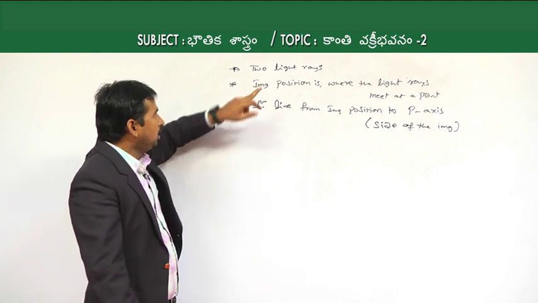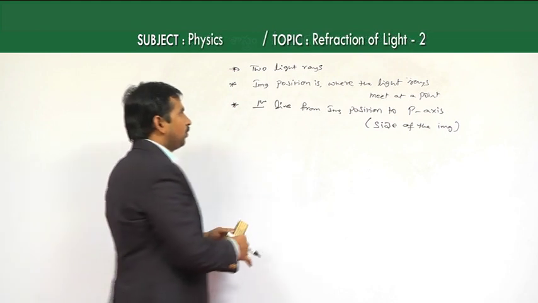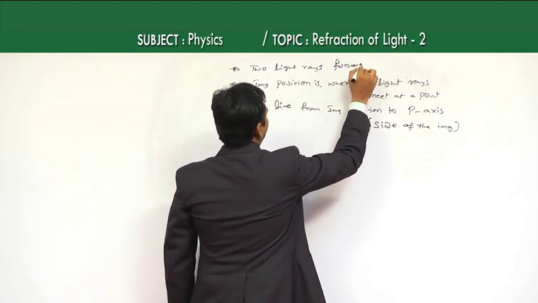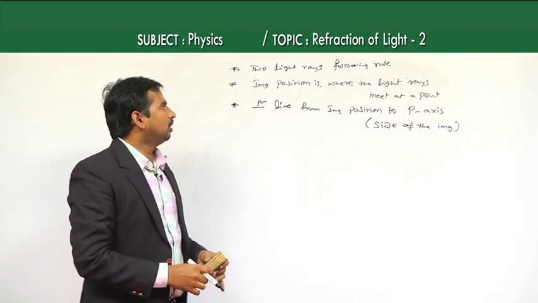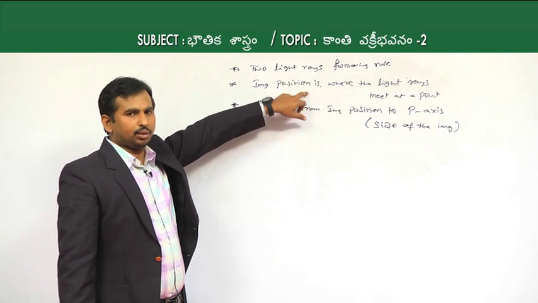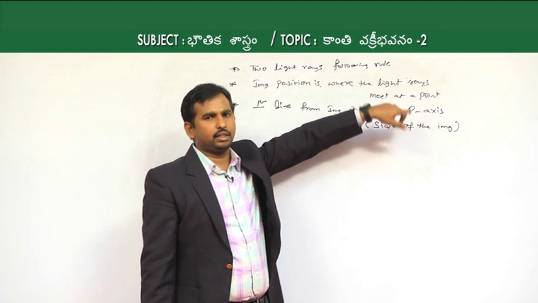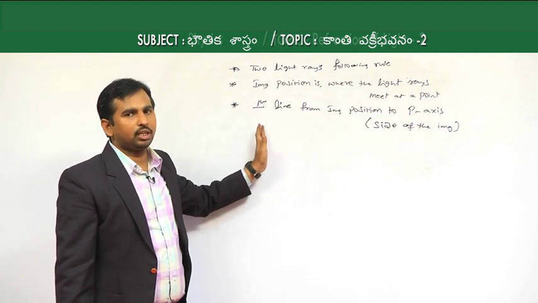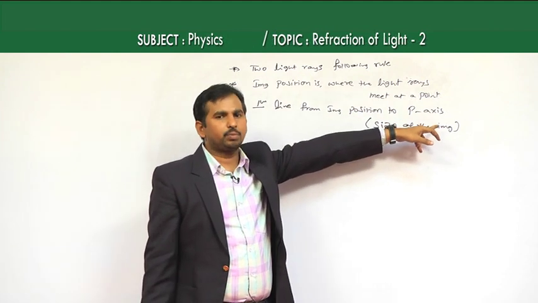Okay. See that again. Every time we have to take a minimum of 2 light rays following the rules. Minimum 2 light rays, that is your choice. Now, the image position we have to take where the light rays meet at a point. And the next one, we have to take a perpendicular line from the image position to the principal axis.